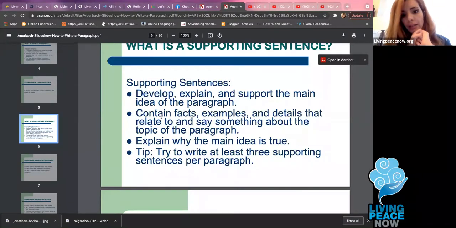As a tip, try to write at least 3 supporting sentences per paragraph. It depends. Actually, here I can tell it depends. What is the length of your paragraph? What is your paragraph about? But yes, it's good to have supporting ideas and supporting sentences. Rosemary, would you like to add something about supporting sentences?